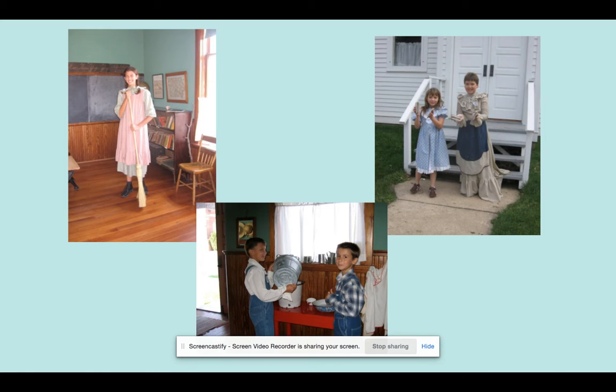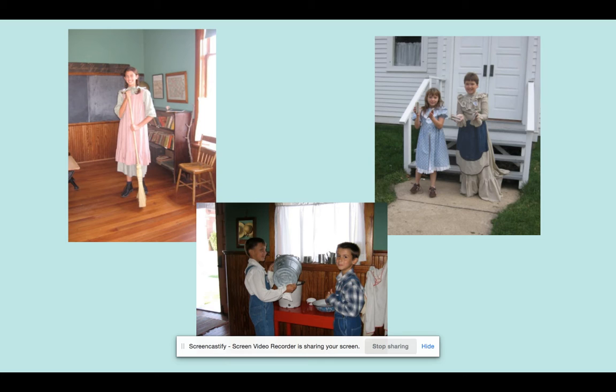Now, these three pictures are showing responsibilities that students had in schools long ago. Do you have any responsibilities at home? Some responsibilities you might have are called chores. Have you ever had chores?